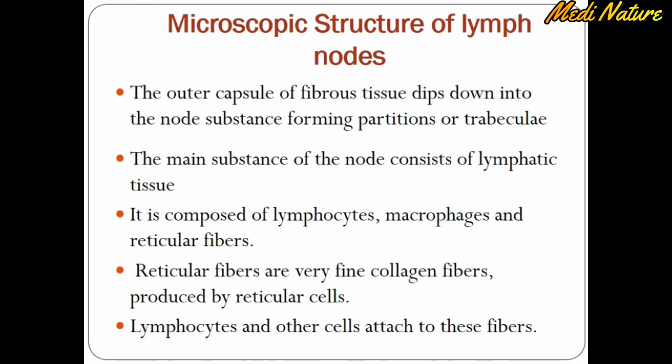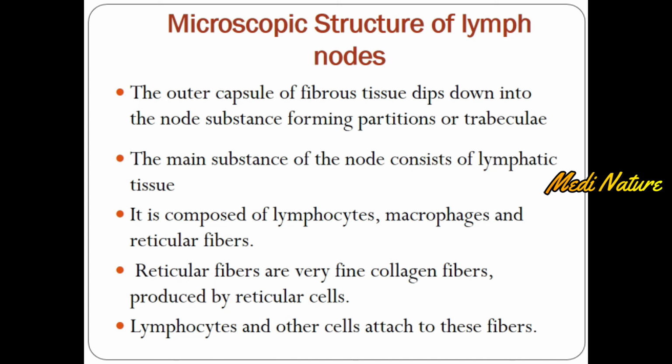What is the microscopic structure of lymph nodes? The lymph nodes are covered by a capsule which is made up of fibrous tissue. This fibrous tissue also dips down into the node substance, forming partitions, or we call them trabeculae. The main substance of the lymph node consists of lymphatic tissue.